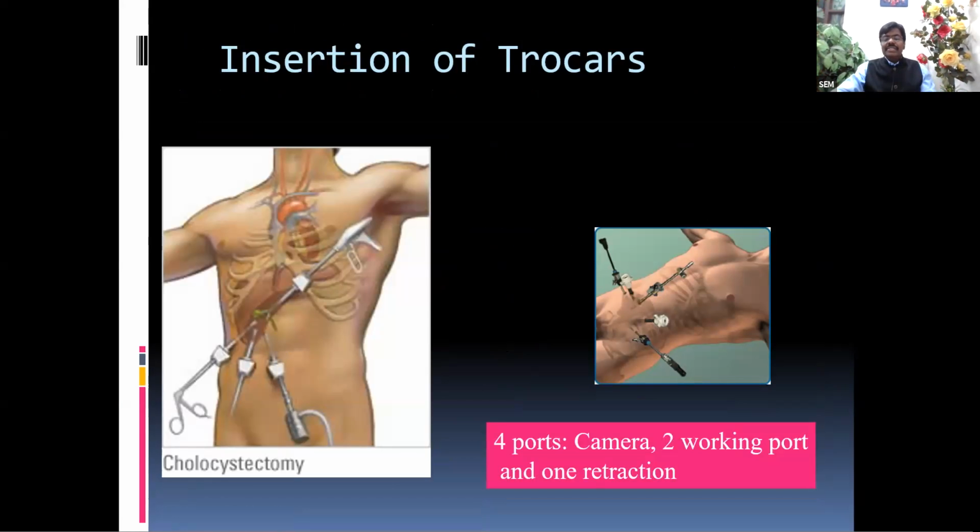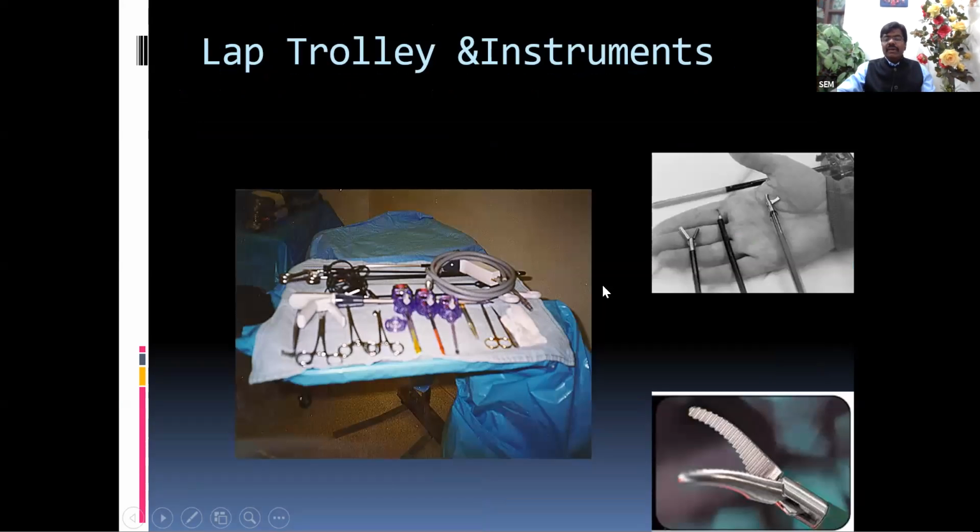Through these you insert hand instruments. They are nothing but miniaturized open instruments, like artery forceps, cutting scissors, hook. All these instruments are so minute they can go through the 5 mm openings you made.